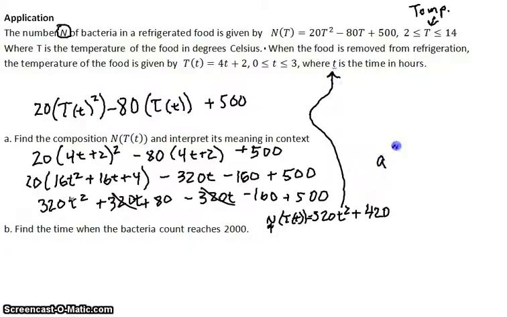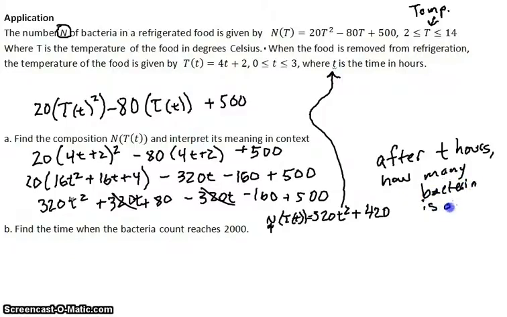So after t hours, how many bacteria are on the food? We're talking about time and bacteria, because the n deals with bacteria and this lowercase t deals with time.